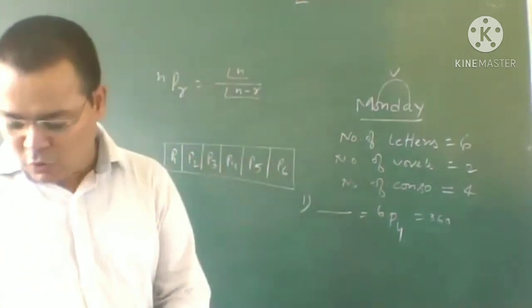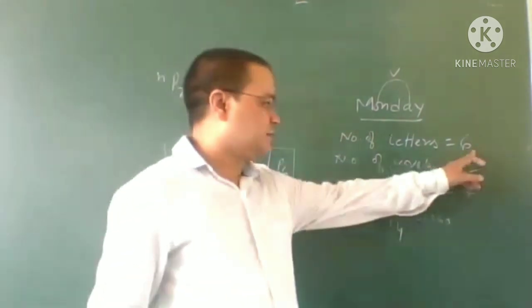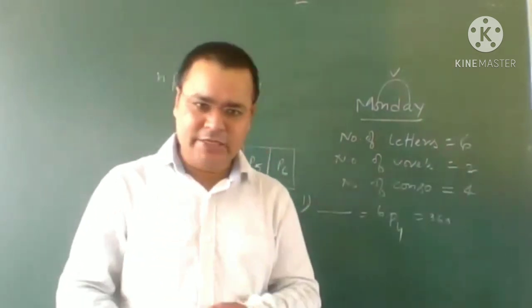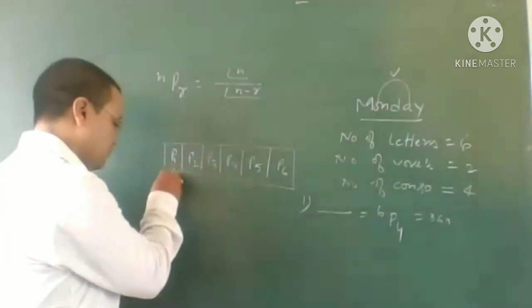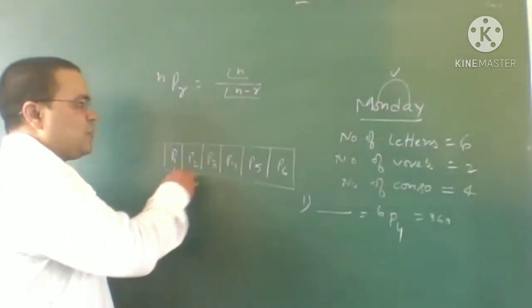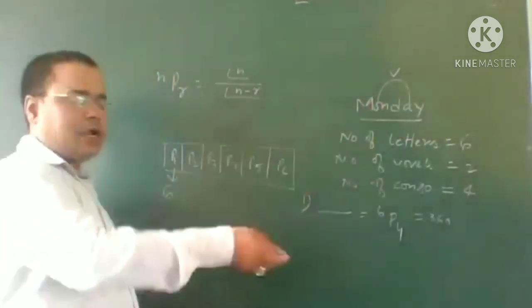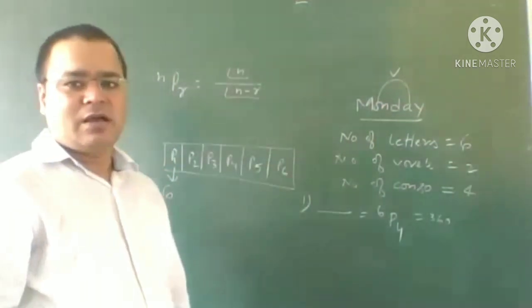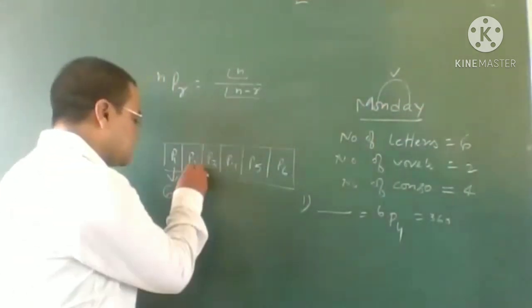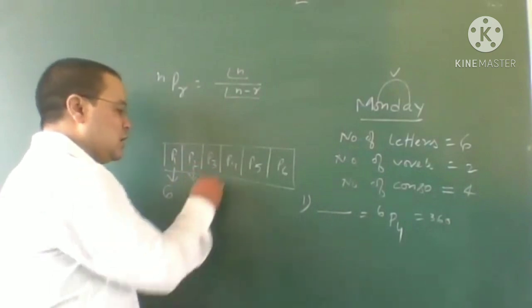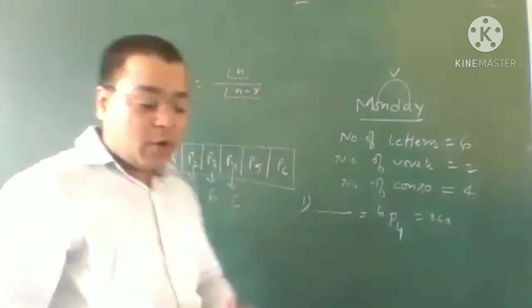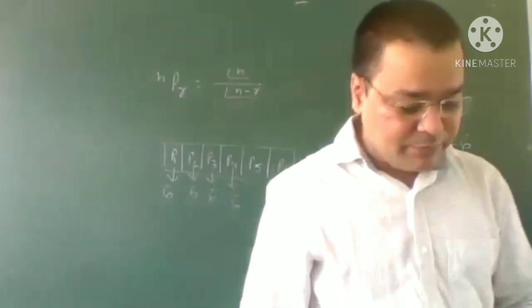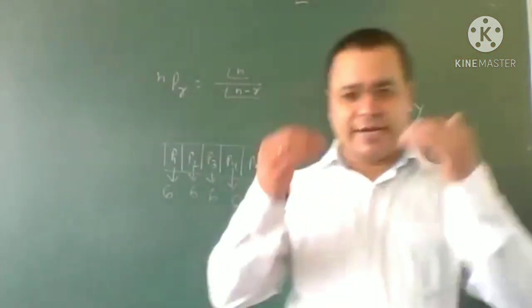Look here. There are 6 letters, so the first place can be filled in 6 ways. We can put any letter at the first place. Similarly, 6 here also, and 6 here also. Why? Because the question says all letters are used at a time.